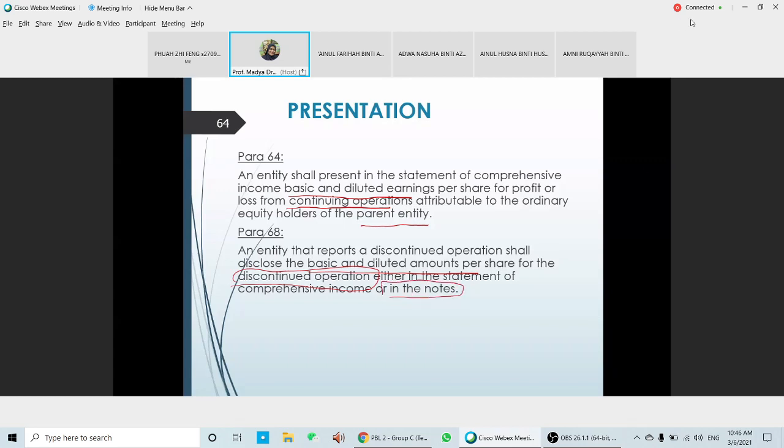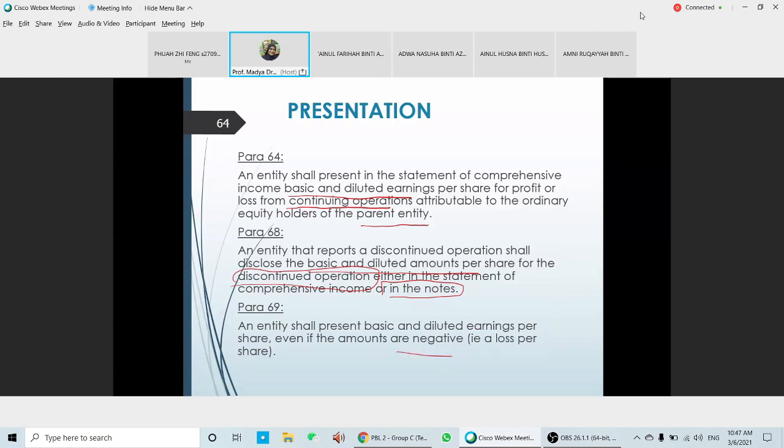Okay, the entity shall present basic and diluted earning per share even if the amount is negative. You should present that one even though you have a negative basic earning per share, which means that you have a loss for the company. You still have to present the basic and diluted earning per share.